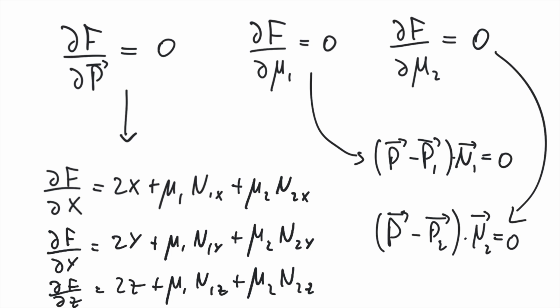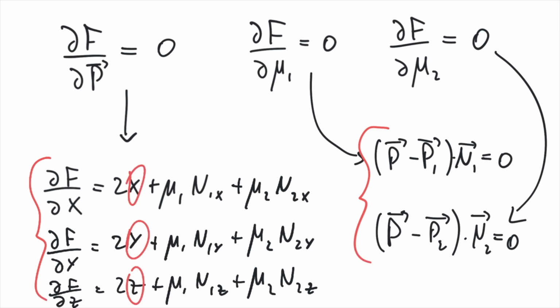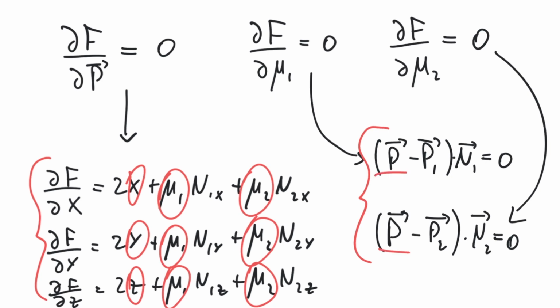Thus we have 3 equations here, 2 equations here, 5 unknowns, so we have 5 equations with 5 unknowns, and we see that the unknowns appear linearly in each of the equations, right? And here you have p, and there are no Lagrange multipliers. So essentially, this is a set of 5 linear equations over 5 unknowns. By now, I should have convinced you that solving linear equations is easy.